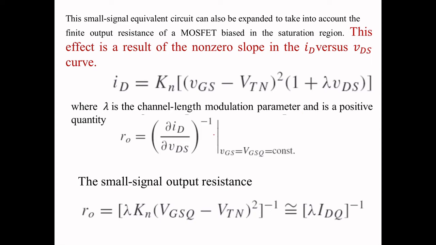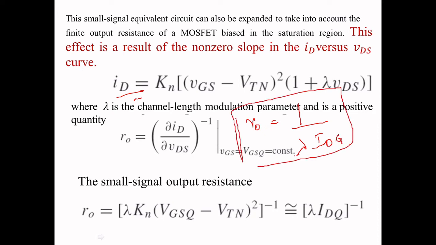From here R naught was calculated by differentiating this ID with respect to VDS. If you differentiate, you will get R naught equal to 1 by lambda IDQ. So this is the formula for R naught, and this will be used in the numericals.